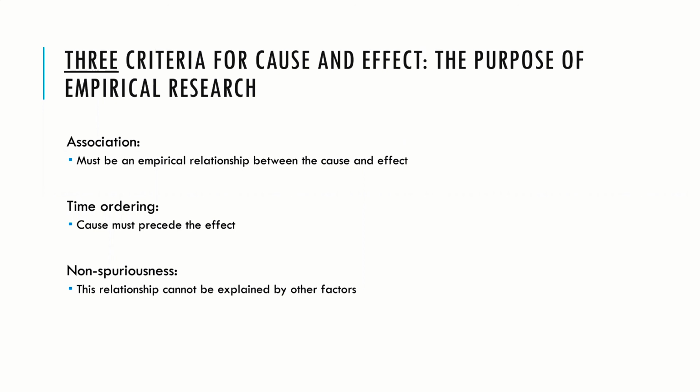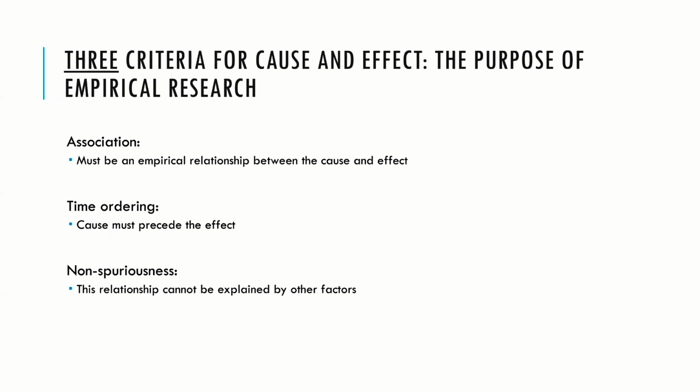There needs to be some statistical relationship between X and Y. So if you're saying an increase in education causes an increase in income, you're going to need to first show that X, education, is related to Y, income, in some statistical sense, whether that's a t-test or a correlation or an ANOVA or something like that. So you first need to show there's an association.